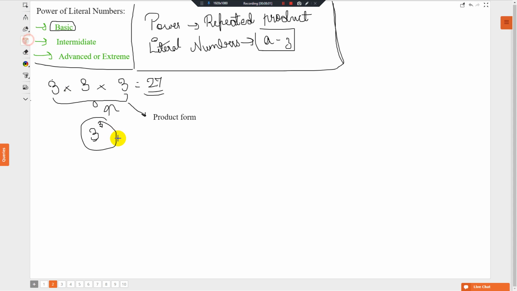Now, what is the power 3 upon 3 known as? It's known as exponential form.